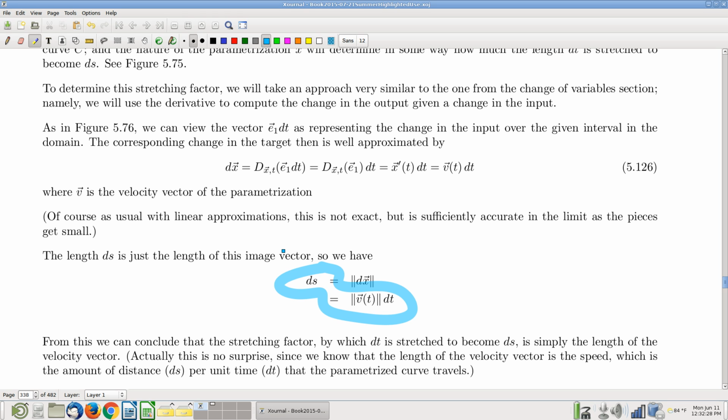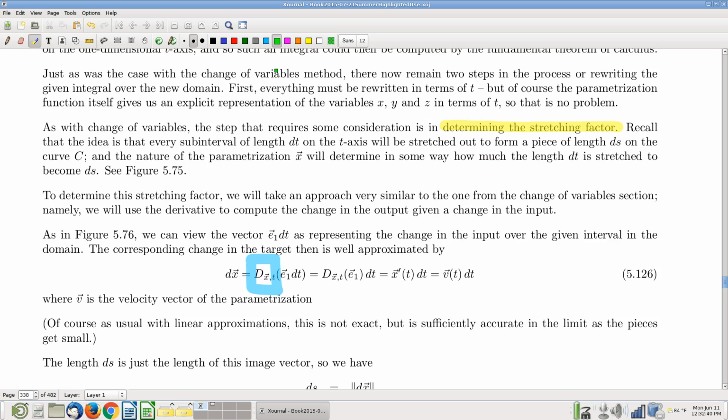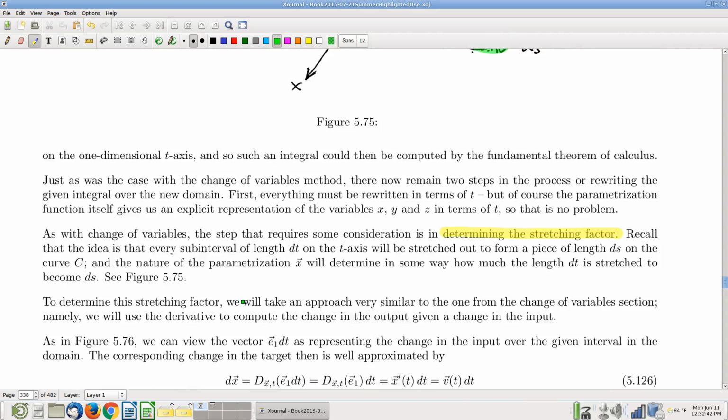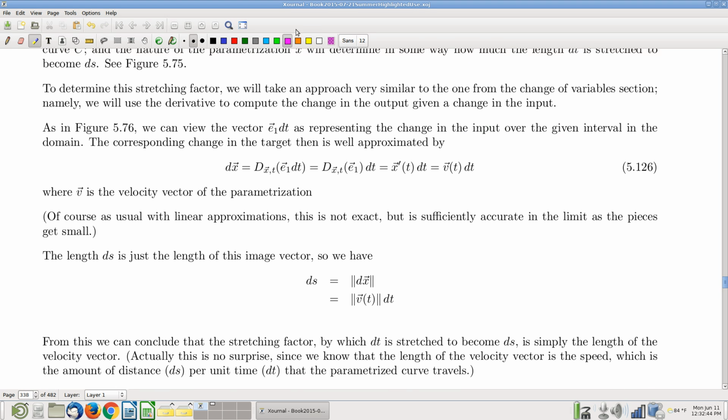Now, I came up with that same result, and morally equivalent result, here by invoking the derivative transformation. And the purpose of this calculation here is to observe that, hang on a second, I got my colors backwards. Let's see, purple, yeah. The derivative transformation is what allows you to take an input change vector and relate it to the corresponding output change vector.